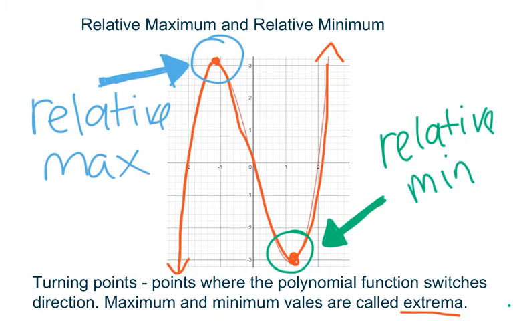So you can think about a relative min being like the bottom of a hill, a cliff, something like that. It's really just the turning points. If you're an upper turning point, you're a relative max. If you're a lower turning point, you're a relative min. You can have multiple of these. So you could have a graph that just turns a lot. It just depends on what you're given.